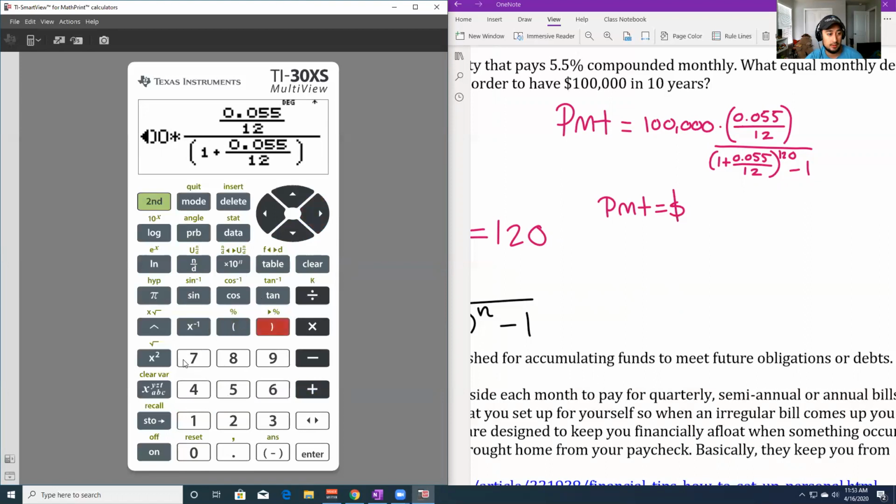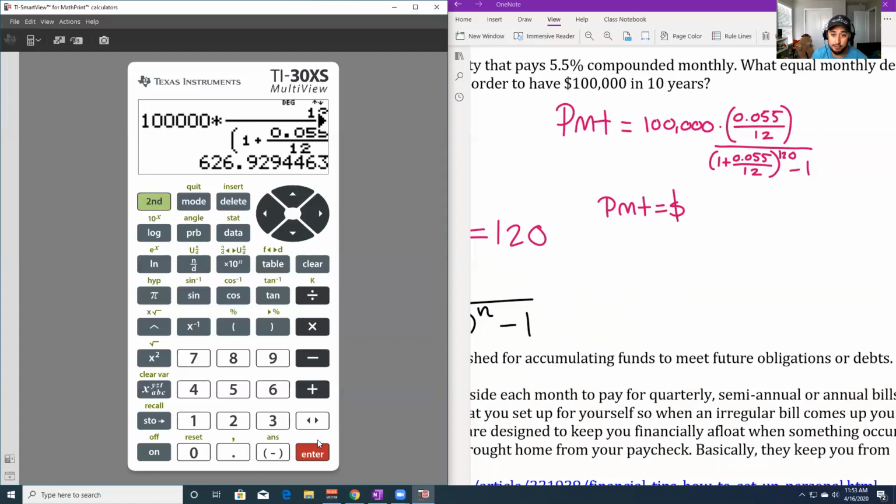Close parentheses, raise it to the 120 minus 1. There we go. It's all in. Fingers crossed. Boom. We get that our payment should be $626.93.